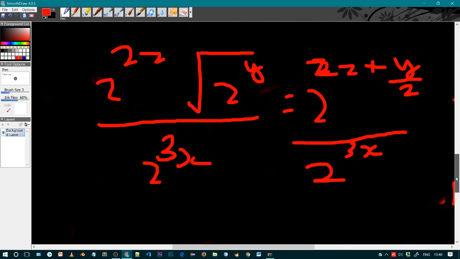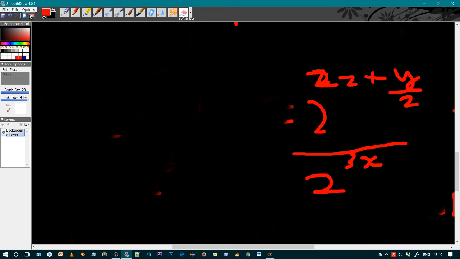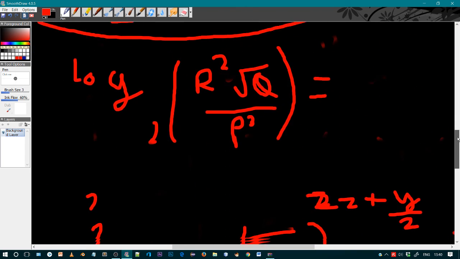So I'm out of space. I'll erase this part. So this can be written as 2 to the power, is this 2z? Yeah, this is 2z.